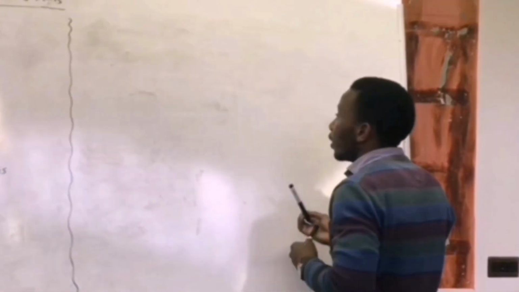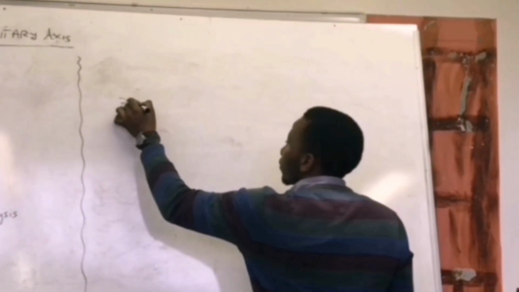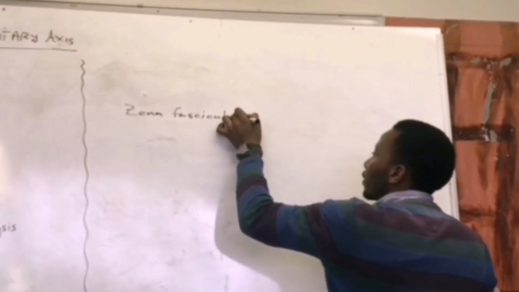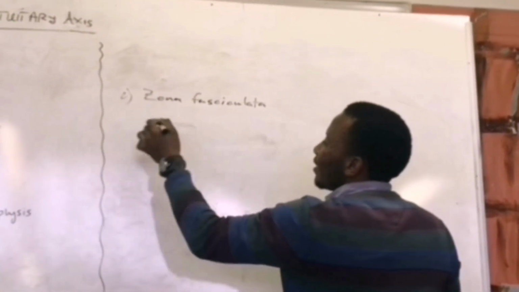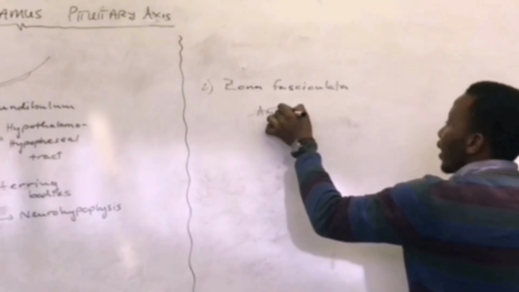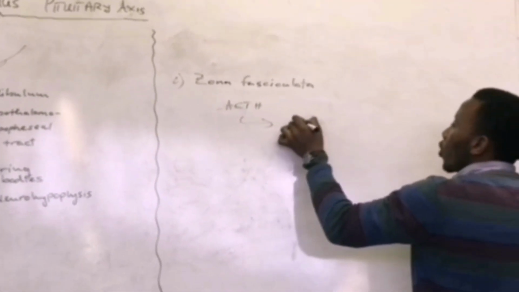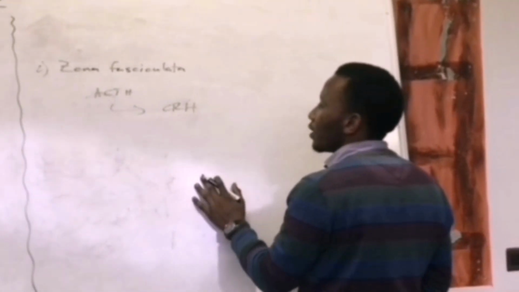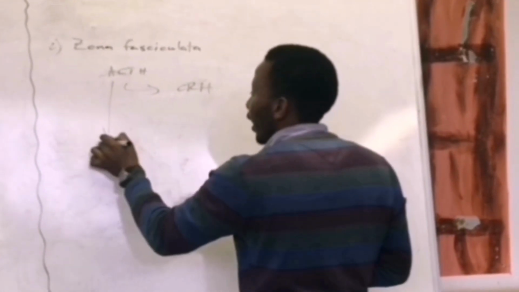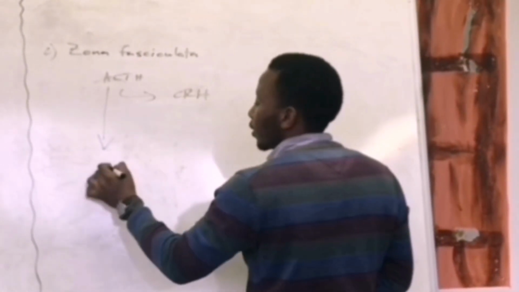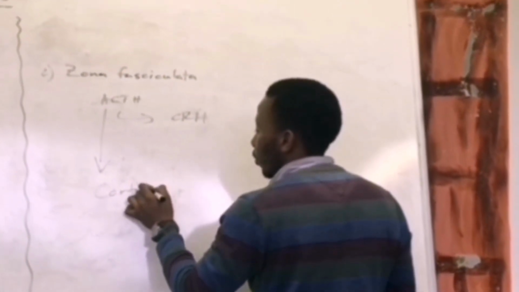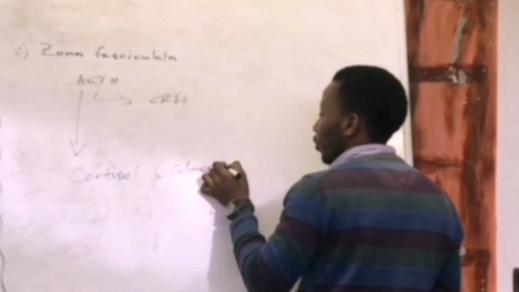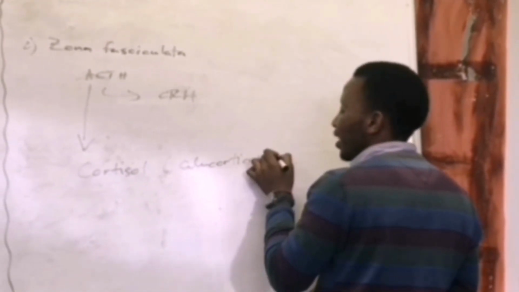The zona fasciculata responds to ACTH as well. Corticotropin releasing hormone releases ACTH, and ACTH acts on the zona fasciculata to release cortisol. Cortisol is a glucocorticoid. These are steroid hormones, okay?